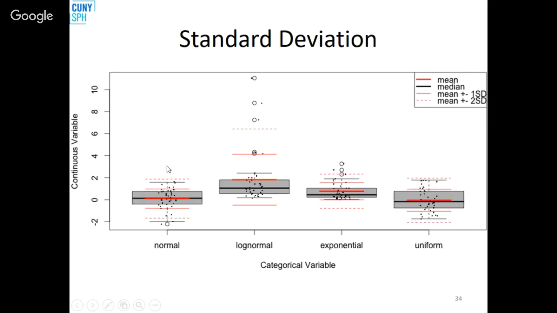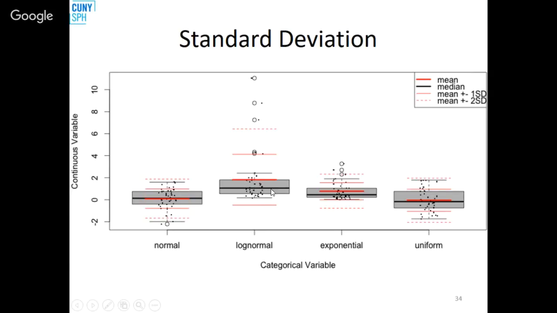When you have a normal distribution, your box plot kind of shows you this first one, 1 standard deviation, and then I put in the dashed line at 2 standard deviations. So the box plot kind of corresponds to the mean plus or minus 1 and 2 standard deviations for a normal distribution.